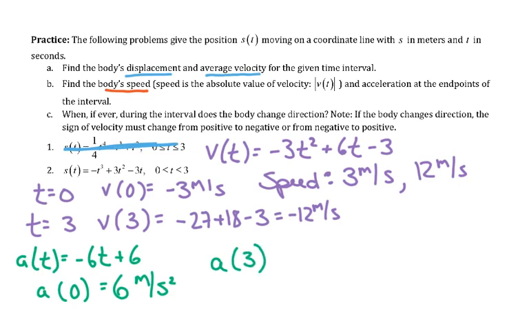And at 3 seconds, it's negative 18 plus 6, which is negative 12 meters per second squared. So we've done A and B. Now we need to do C.